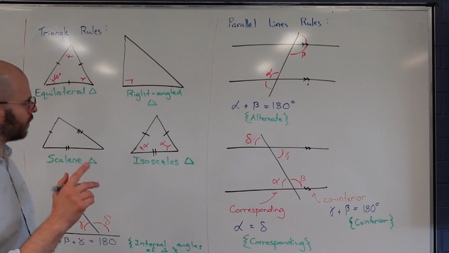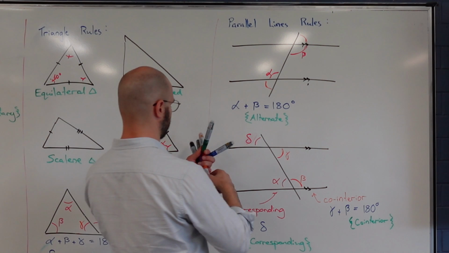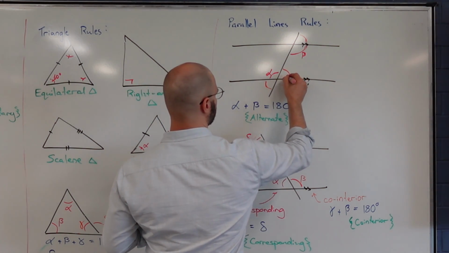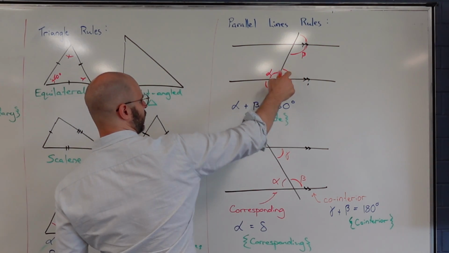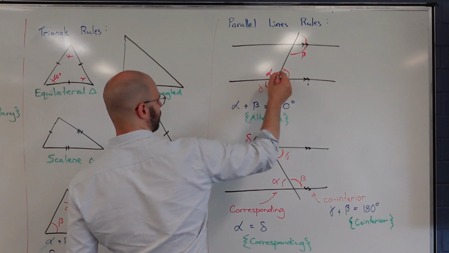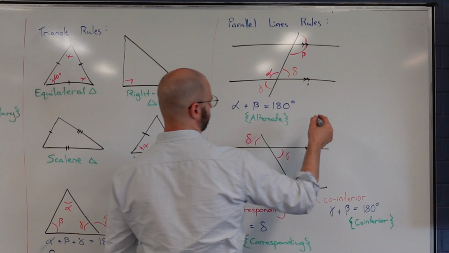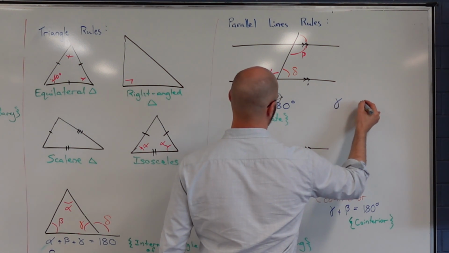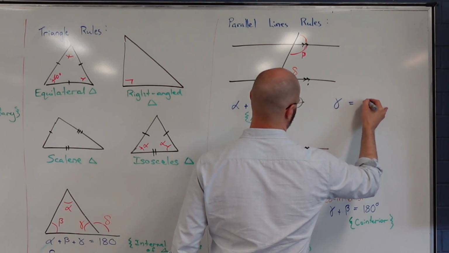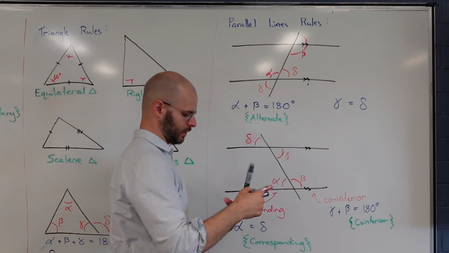And then there's one more. I'm going to draw it differently. These two over here, we'll call this gamma and we'll call this delta. Gamma is equal to delta.